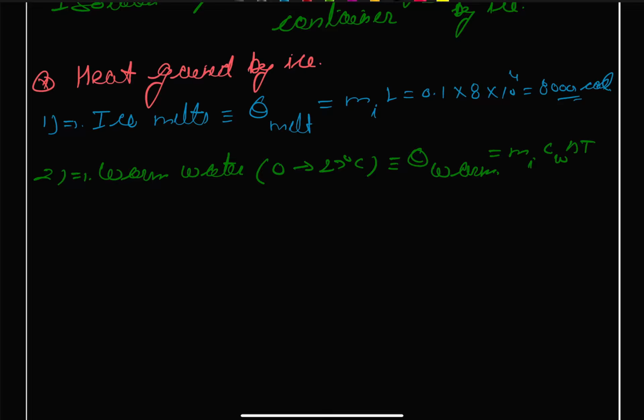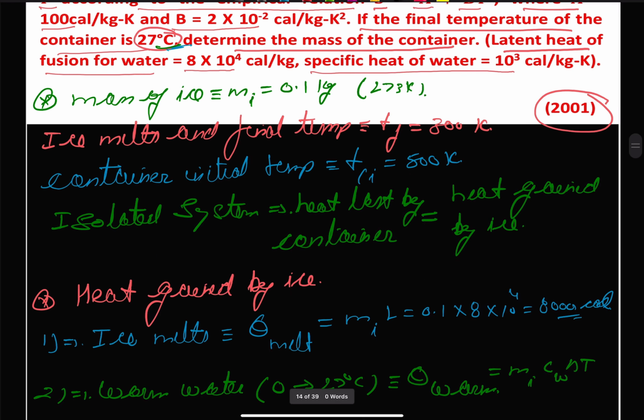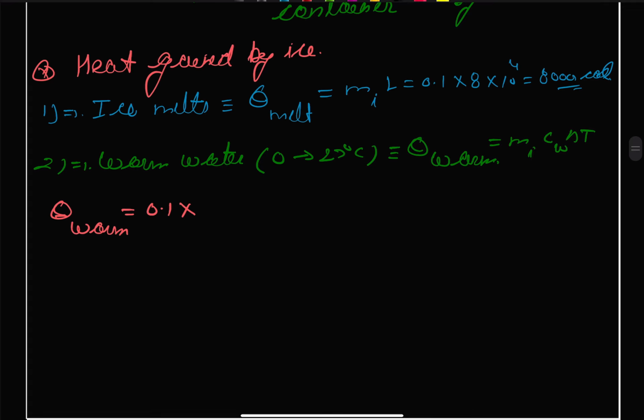So we simply substitute the values. We get Q warm will be equal to mass of ice, about 0.1, and specific heat of water is given to us as 10 to the power 3, and temperature difference is 0 to 27 degrees centigrade, so this will be 27.